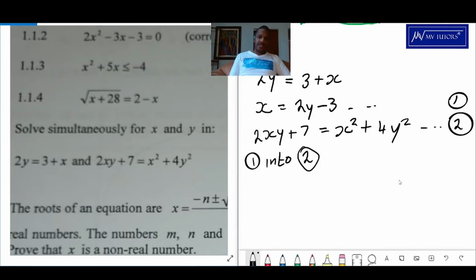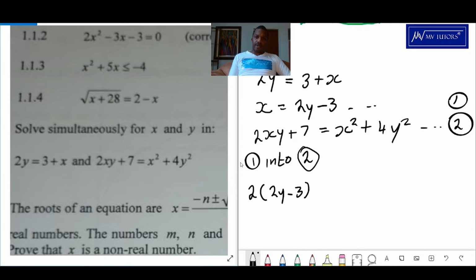I need more space. So what's my equation number 1? So where there's an x, I'm going to substitute 2y minus 3 in equation 2. So let's start with equation 2. It's 2. Now I have an x, so where I have an x, I'll put 2y minus 3, right?